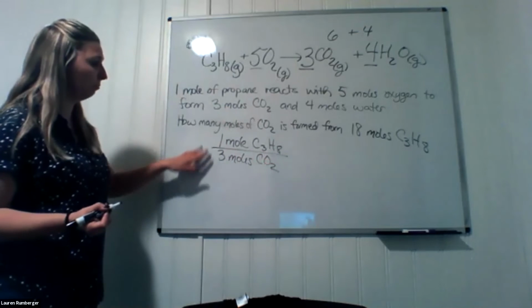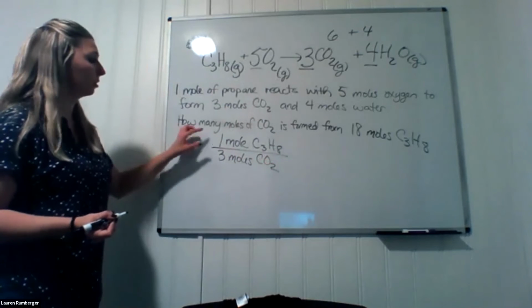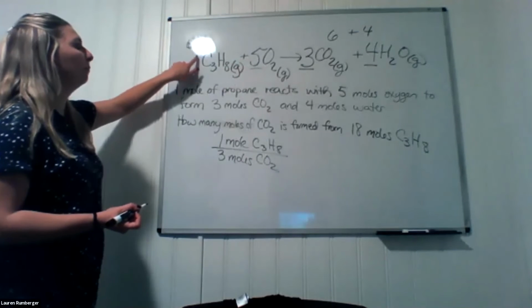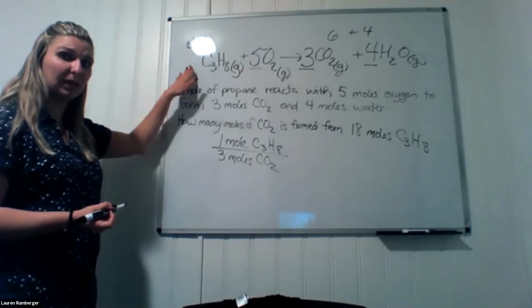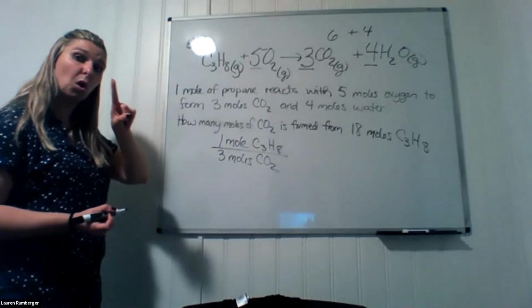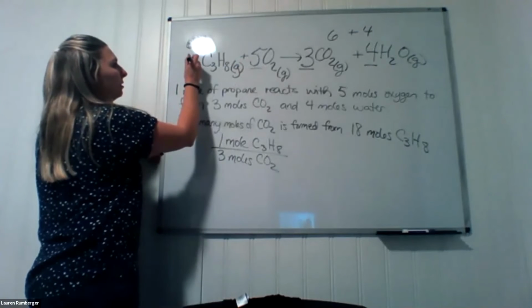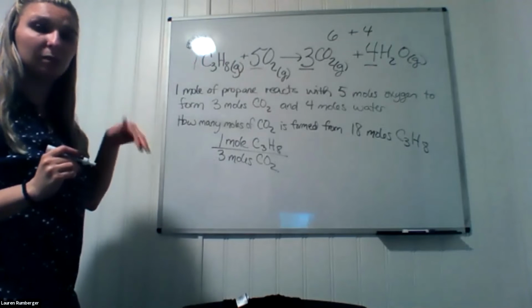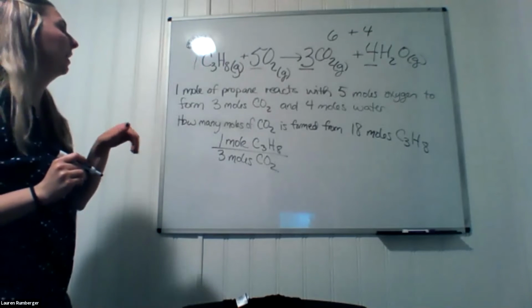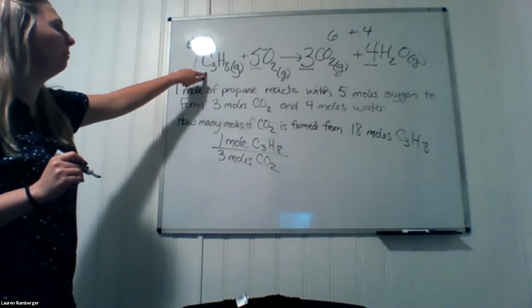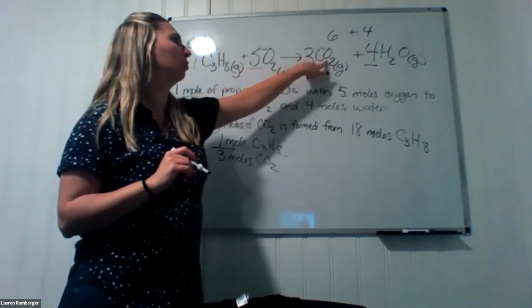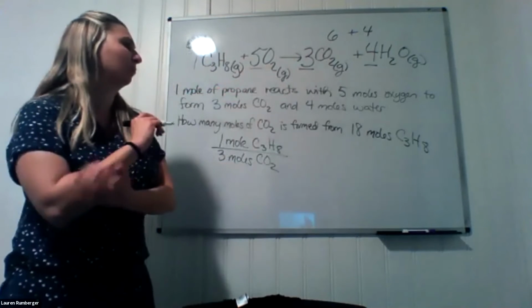Okay, that's the mole ratio there. So it's from the coefficients. Remember, if there is no coefficient written, it is assumed to be 1. Okay, so this is like a 1 in front of the C3H8. Okay, so that's saying 1 mole of propane reacts to form 3 moles of carbon dioxide.